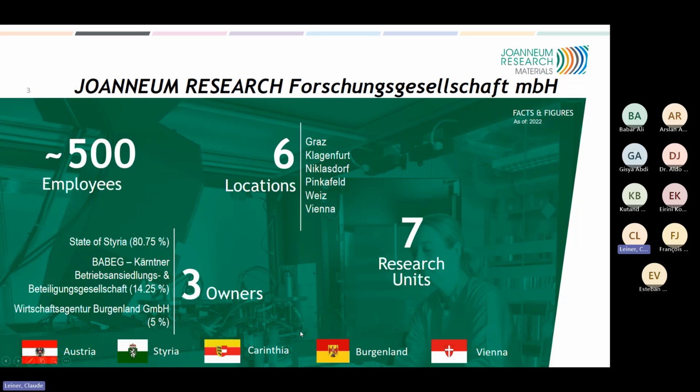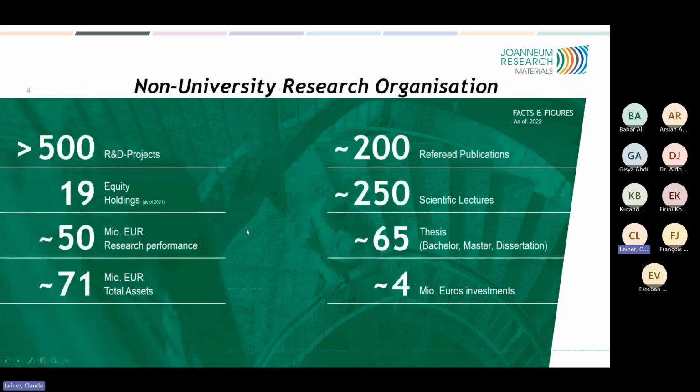We are owned by the state of Styria, which is a department of the Austrian Republic, along with other states like Carinthia, Burgenland, and Vienna. We are at 6 locations, and we have 7 different research units. We have many different key numbers here, many publications, many R&D projects, and so on.